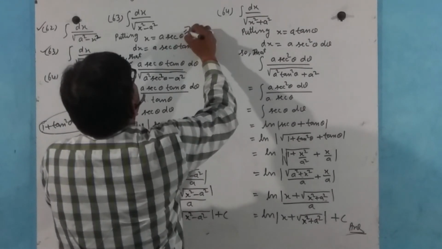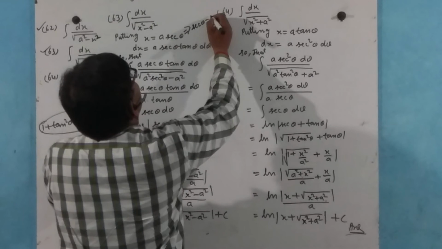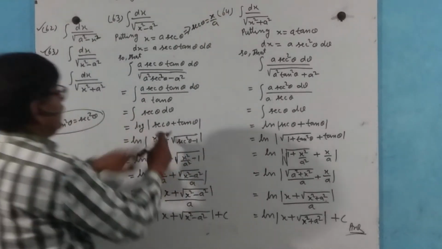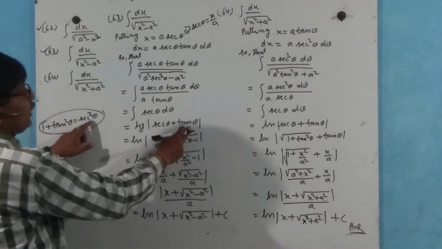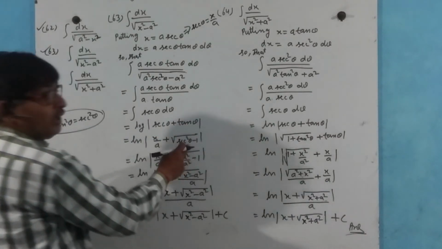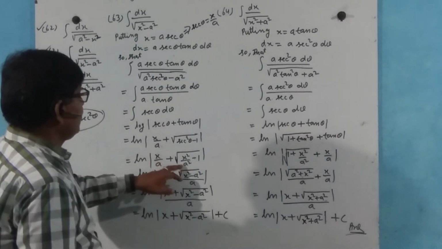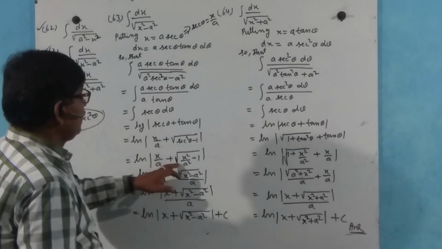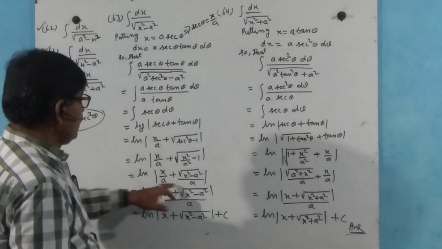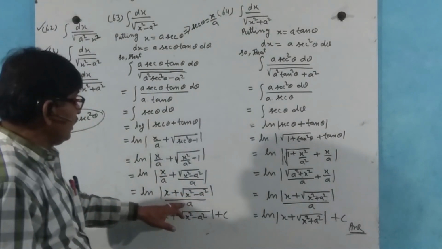With the help of this, sec theta equal to x by a, and tan square theta is sec square theta minus 1, which gives under root x square minus a square by a. So we get x by a plus under root x square minus a square by a.